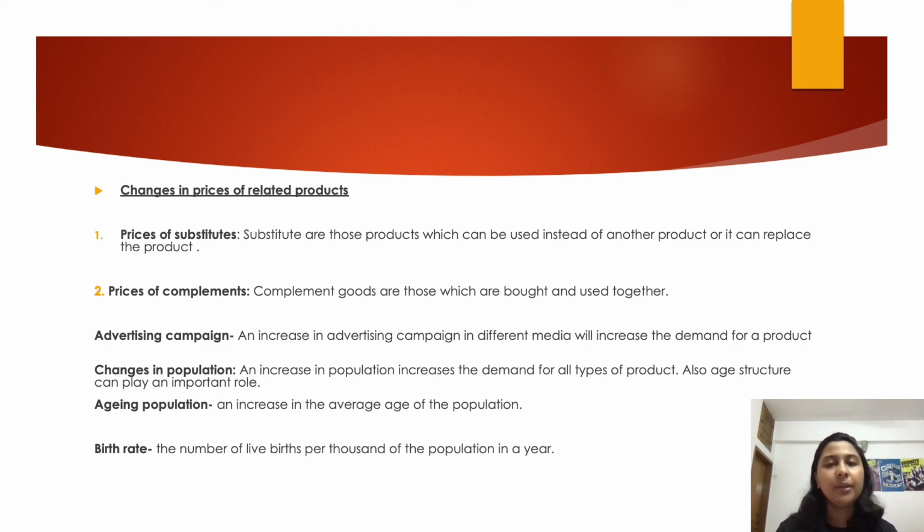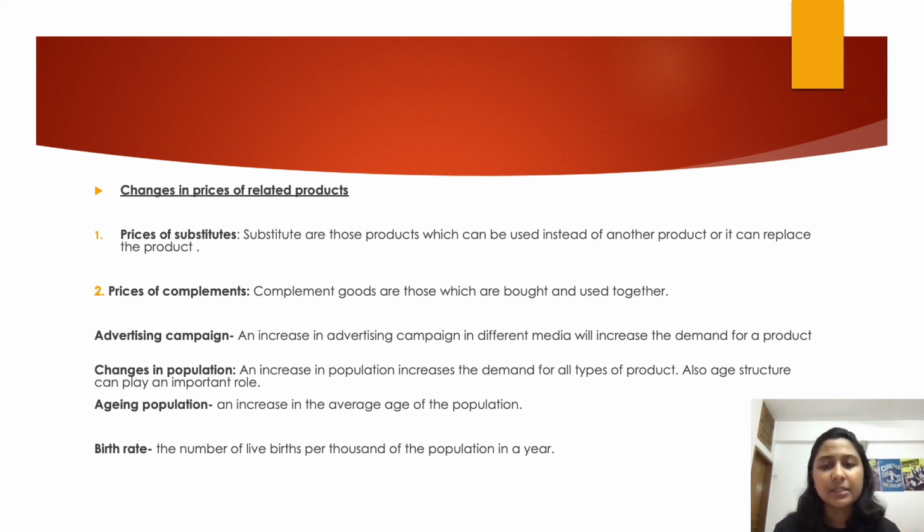For example, there is an option between tea and coffee. The price of tea increases in shops, so we will switch to an alternate product, which is coffee, the substitute of tea. So this is how substitutes actually work.